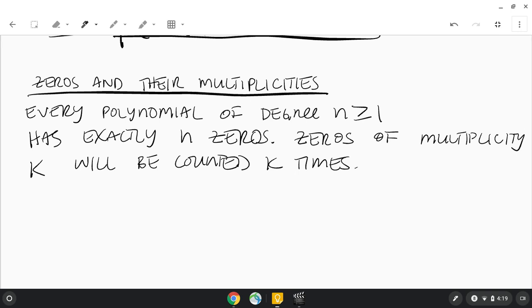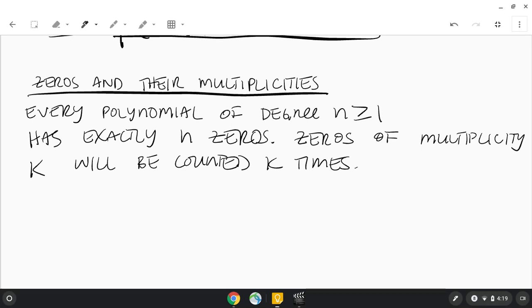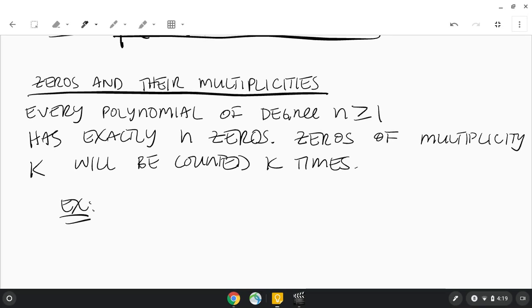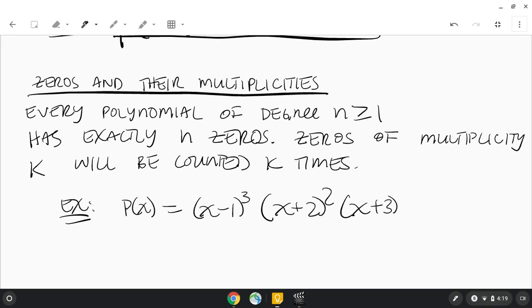Okay, so for example, if you have a degree 10 polynomial, and suppose your degree 10 polynomial factors out to this: x minus 1 cubed, x plus 2 squared, x plus 3 to the 5th. Okay, so your degree 10 polynomial has exactly 10 zeros, right?